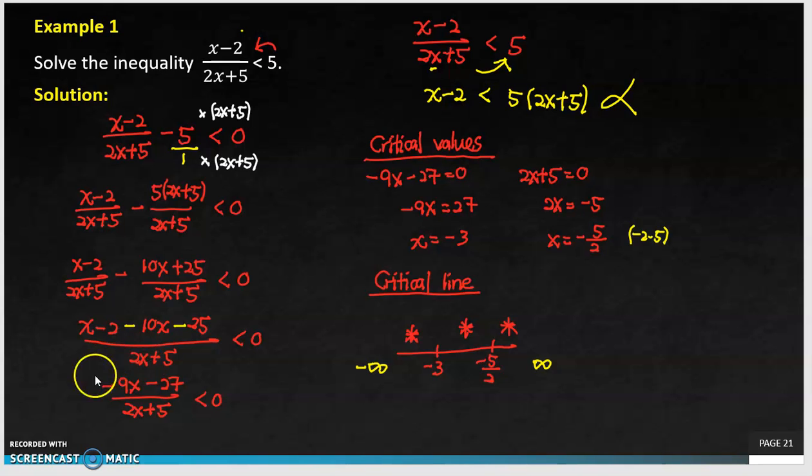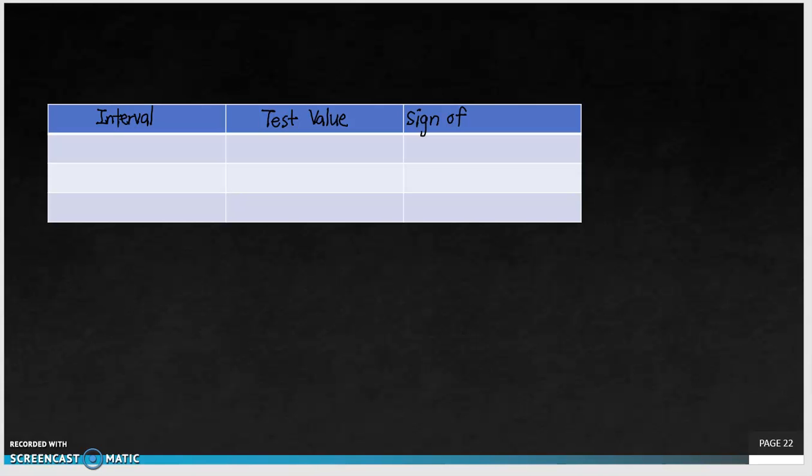The fraction is negative 9x minus 27 over 2x plus 5 less than 0.